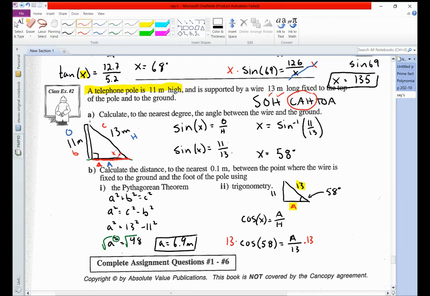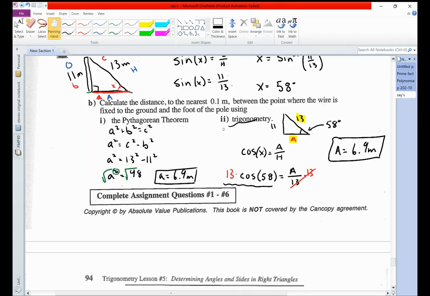Multiply that side by 13, cancels out here, and I'm left with 13 multiplied by cos 58. And when I punch that into my calculator, I get 6.9 meters. So either way, it should give you a correct answer. It's good to use trig when you can, the trig ratios.